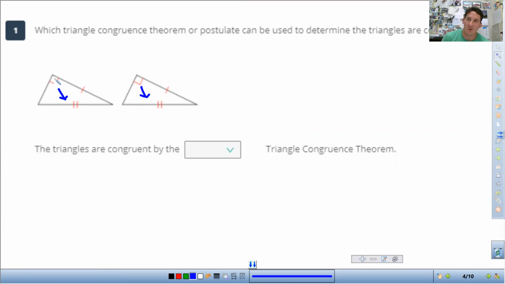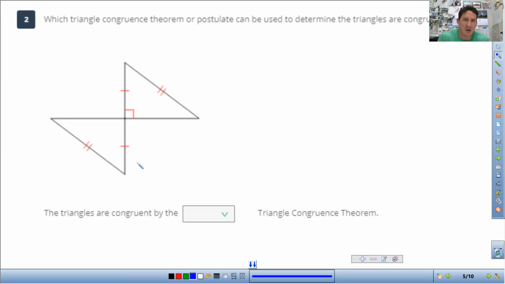First thing you're looking for with hypotenuse leg: is it a right triangle? Yes, we have 2 right triangles. Here, the segment with 2 tick marks matches up and is congruent to this segment. That is the hypotenuse, across from the right angle. And then you just need another leg, doesn't matter which one. So this leg. So yes, these are congruent by HL.